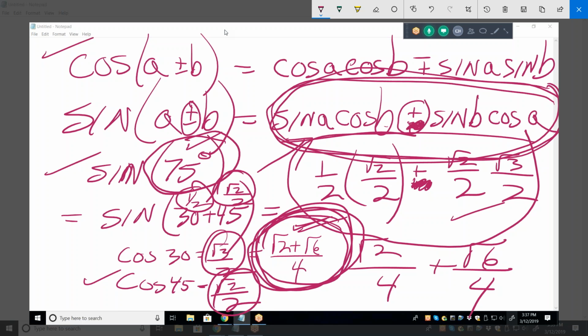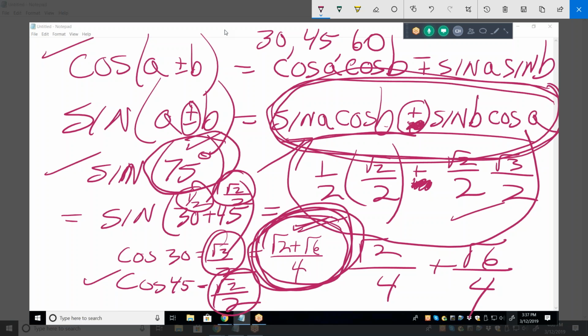So you end up naturally getting a root 6, as long as you're dealing with angles that are the sum of two very common angles. In other words, the most common angles you have are 30, 45, and 60, right? And when you have a problem that can be expressed as the sum of two of those angles, you're going to end up with a root 6 and a root 2.